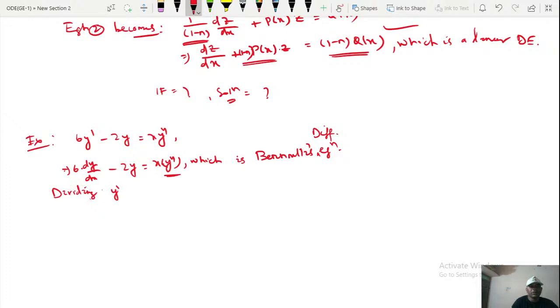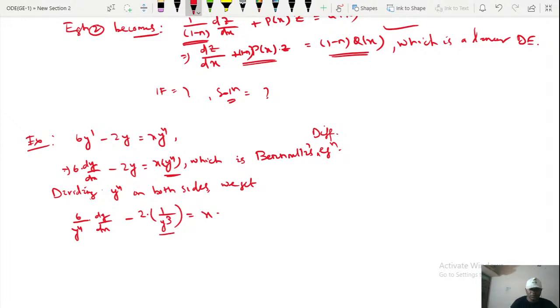Dividing y to the power 4 on both sides, we get 6 divided by y to the power 4 into dy by dx minus 2 into y divided by y to the power 4, which is 1 by y cube, equal to x.